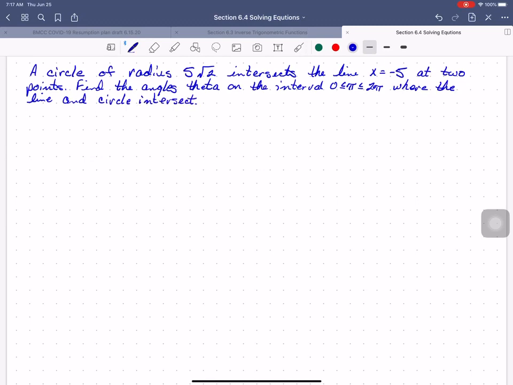Okay, so the first thing I want to do is draw a sketch. There's my circle, and it's centered at the origin because they didn't tell me any different. And then I've got another line here.